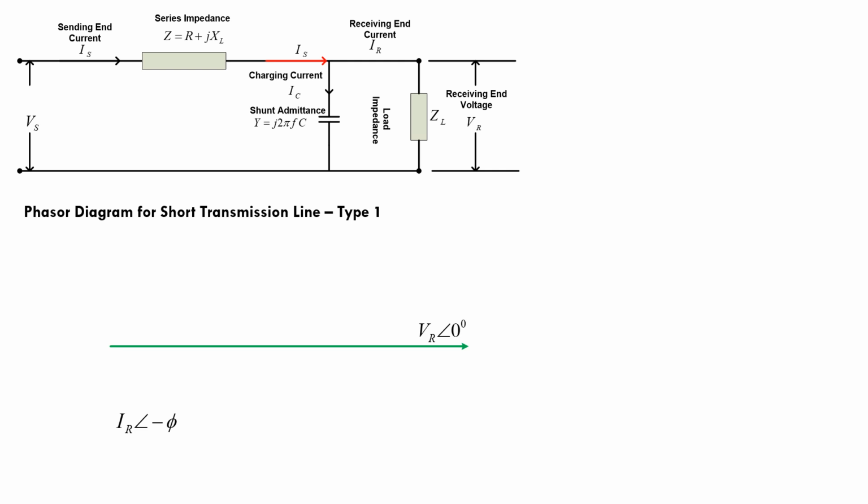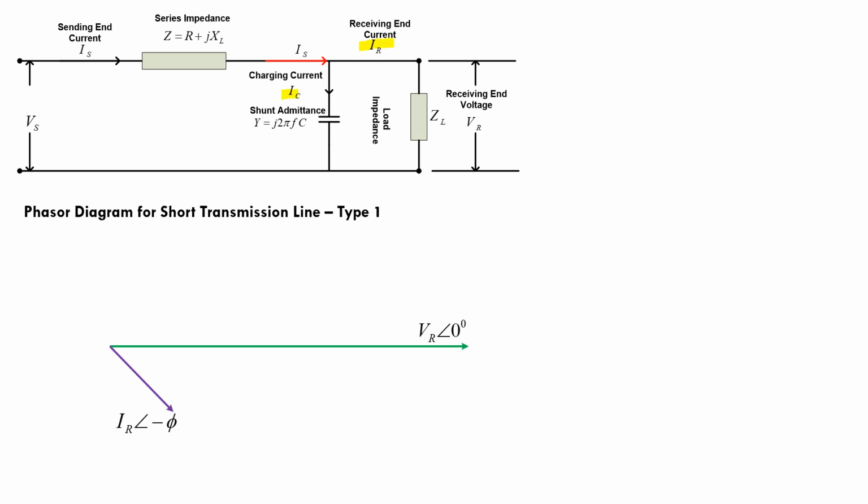So I will draw this current IR in lagging position with respect to receiving end voltage VR. After drawing the reference phasor VR, I will draw the receiving end current IR at an angle phi. Now this receiving end current we have already drawn.